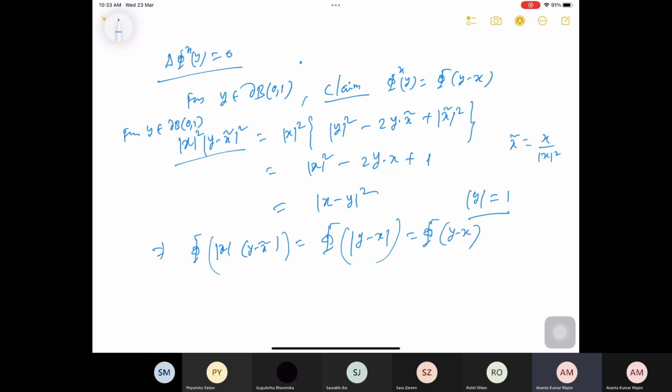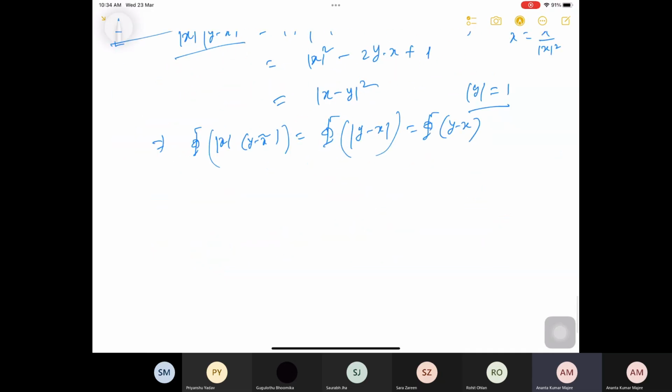So what I am having is that phi(x−y) is equal to phi(y−x) whenever y is in the boundary of ball B(0,1). Therefore, what is the Green's function?